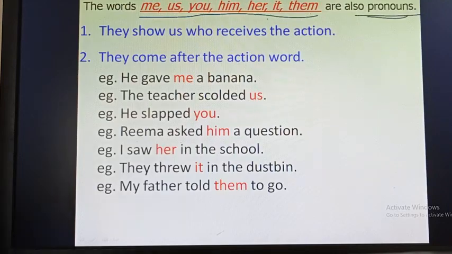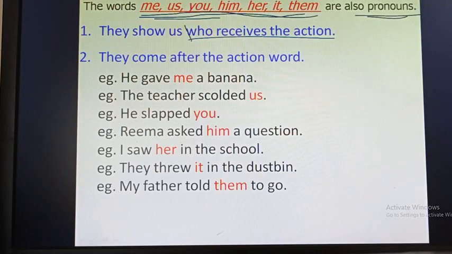So remember these two rules here. Number one, they show us who receives the action. As I told you earlier, an action is performed on these pronouns.